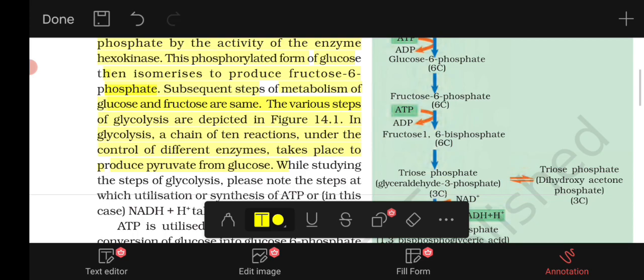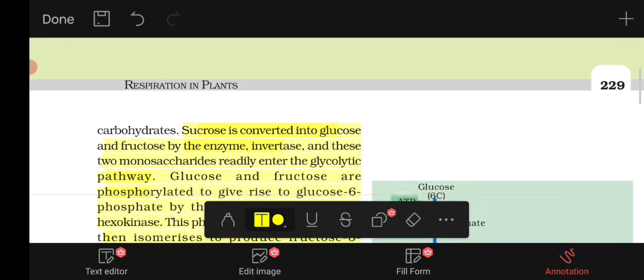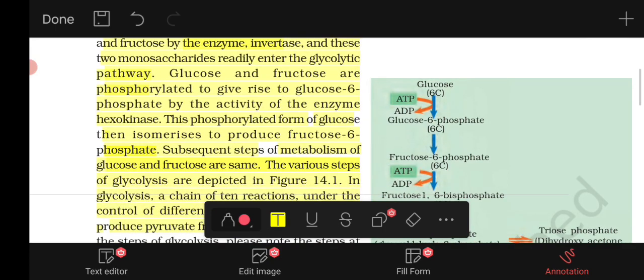What is the final product? That is pyruvic acid. We want pyruvate. So you can easily see here glucose, which we get from sucrose. Breakdown of sucrose by sucrase gives glucose and fructose. Glucose is converted into glucose 6-phosphate by hexokinase, and here ATP is used because there is addition of phosphate. Then glucose 6-phosphate isomerizes to fructose 6-phosphate.